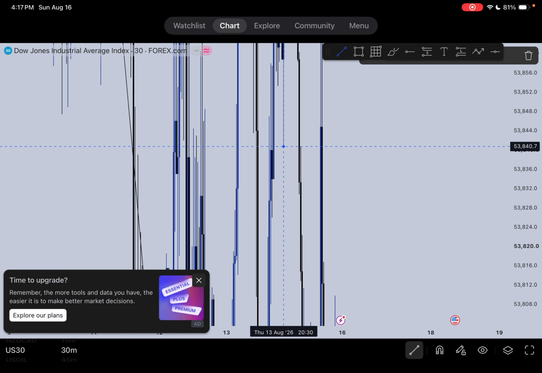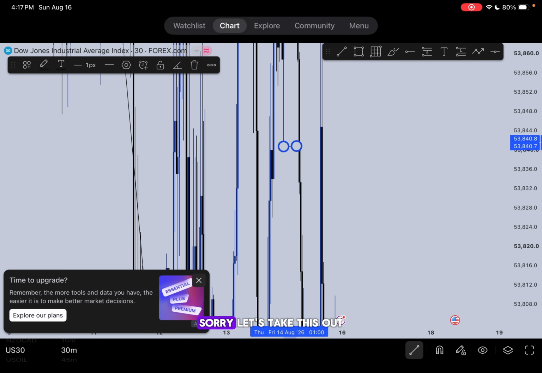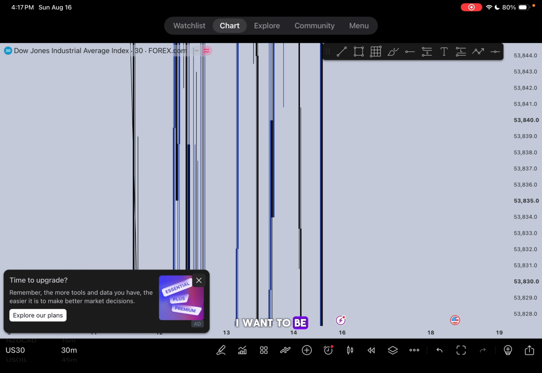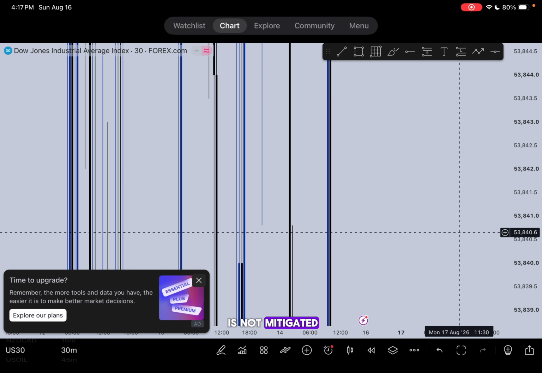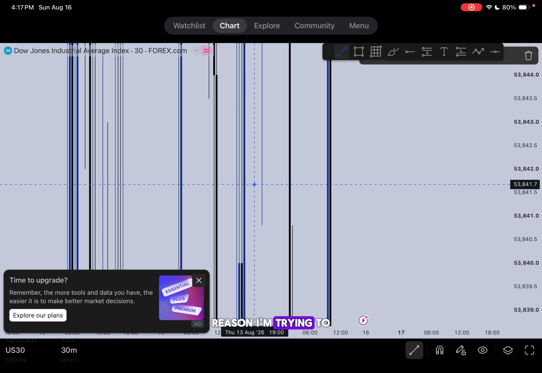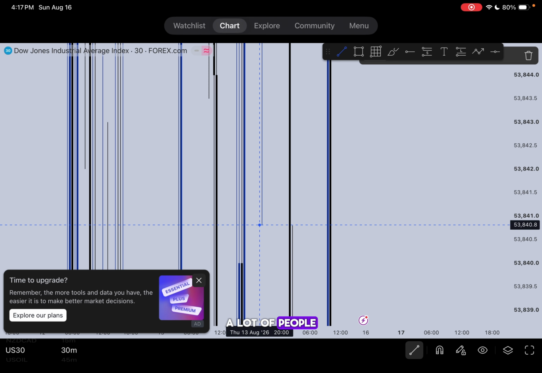Sorry, let's take this out. I want to be sure that that zone is not mitigated. The reason I'm trying to zoom in, a lot of people fail to zoom in, but I tend to zoom in to make sure that that zone has not been mitigated.